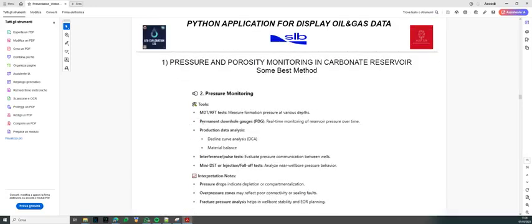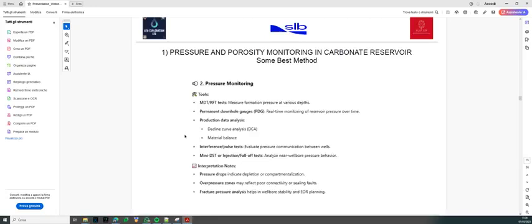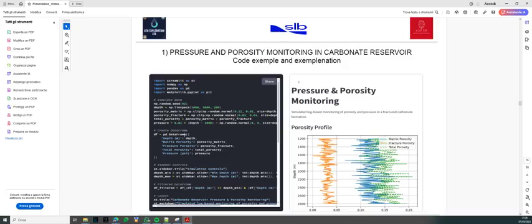Also we have pressure monitoring with MDT, FIT test, permanent downhole gauge, production data analysis, interference pulse test, interpretation of pressure drop, overpressure zone, fracture pressure analysis.